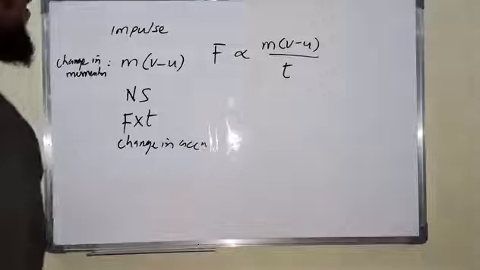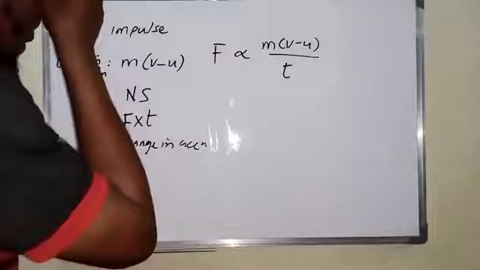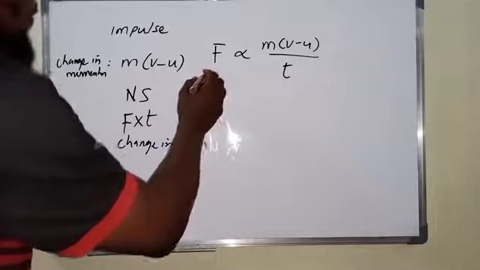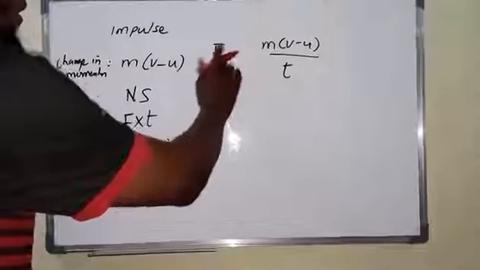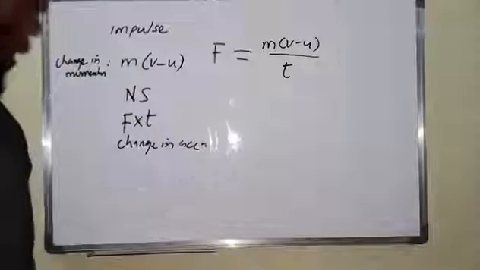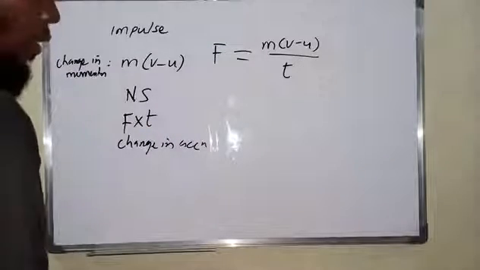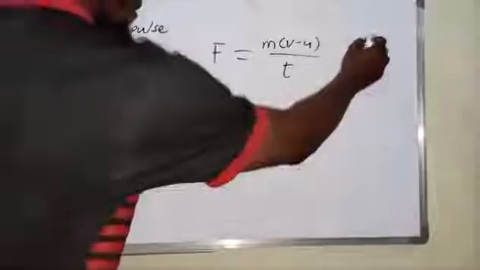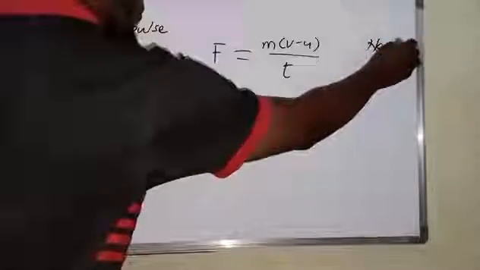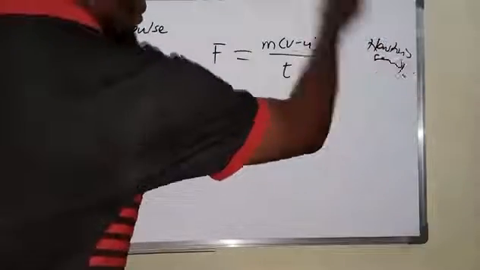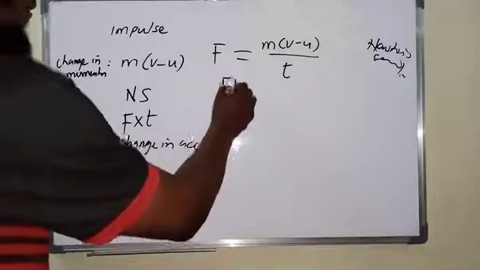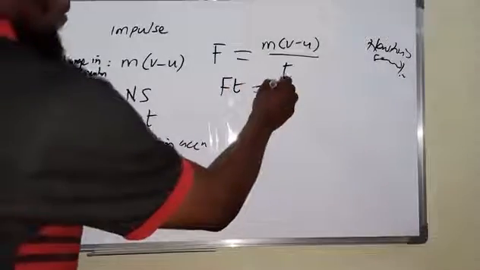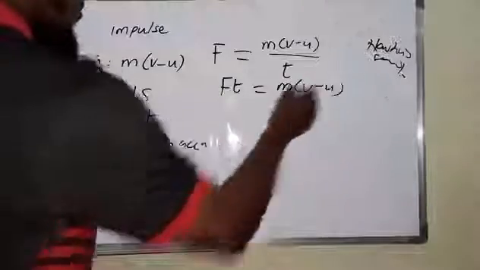So from this formula, we have this for Newton's second law. Which implies that Ft, if you do cross multiplication, will be the same thing as mv minus mu.